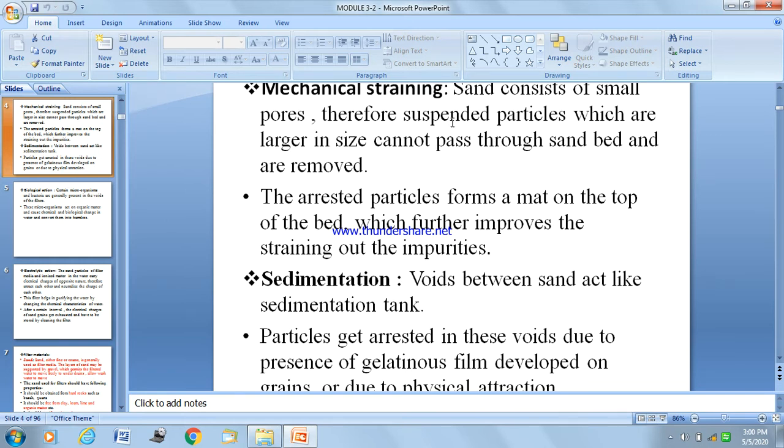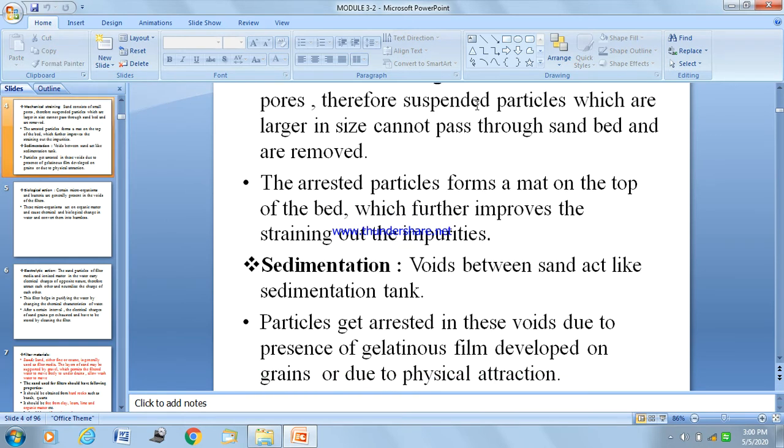Second one is sedimentation. The filtration bed will act like a sedimentation tank. The voids between the sand grains act like a sedimentation tank.